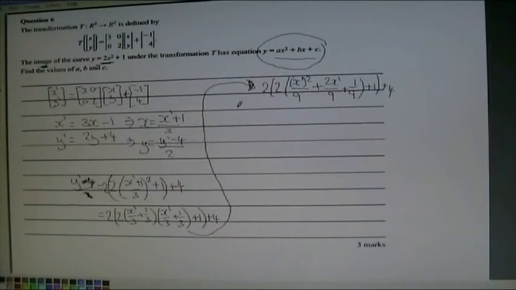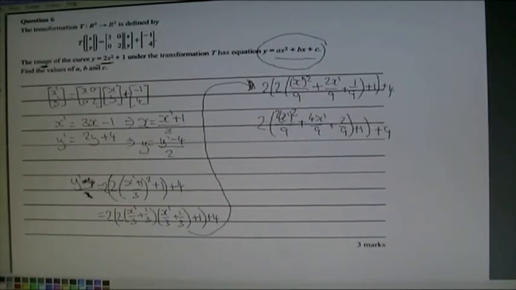Okay, we're getting there. What can we do next? Let's multiply everything by 2. In fact, 2 times x dash squared over 9 plus 2 times that is 4x dash over 9 plus 2 over 9, brackets, and we've got another 2 here, and we've got plus 1, then plus 4.